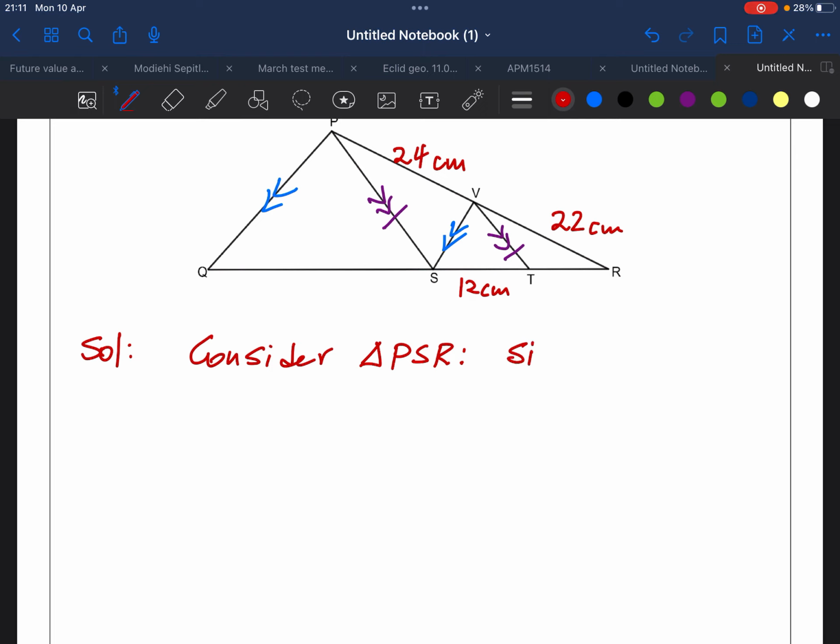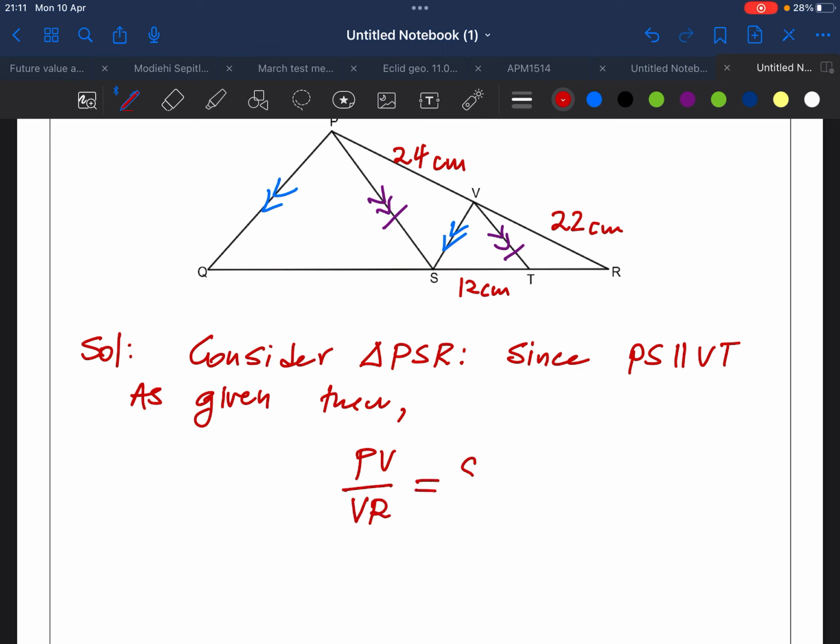Now, since PS is parallel to VT as given, then PV over VR is equal to how much?